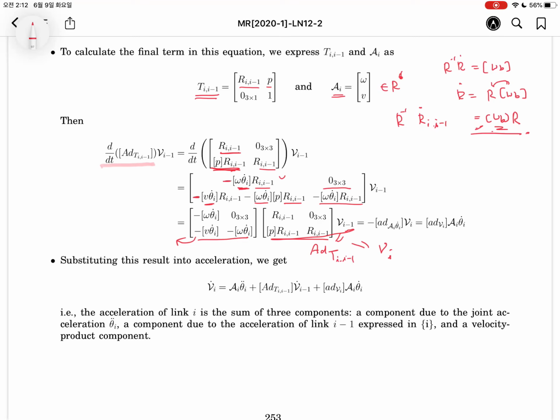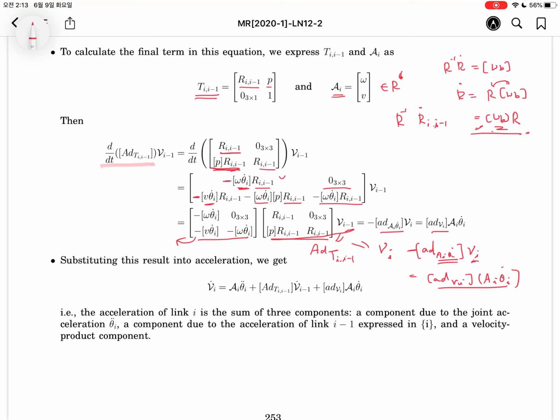So it is equal to minus the Lie bracket of A_i θ_i dot and the twist V_i. The Lie bracket of A θ_i dot and V_i can be exchanged, and at that time the minus becomes a plus, giving adjoint V_i A_i θ_i dot.